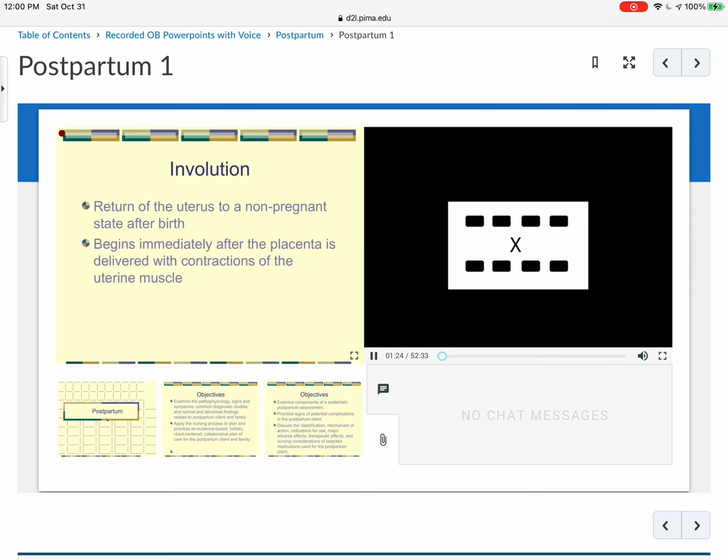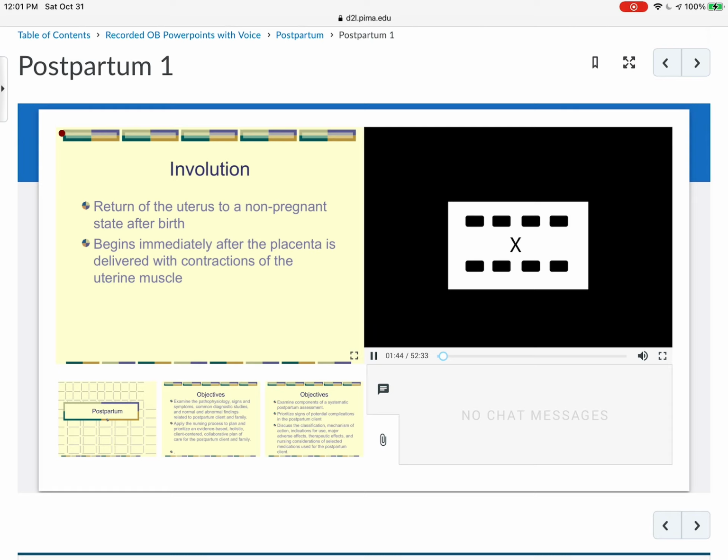Even some of the preparations the body does for delivery is increase blood clotting factors so that the woman won't bleed to death at the time of birth. So there's all kinds of things that the body is doing to grow the baby, nurture that baby inside the uterus, and also prepare for delivery.